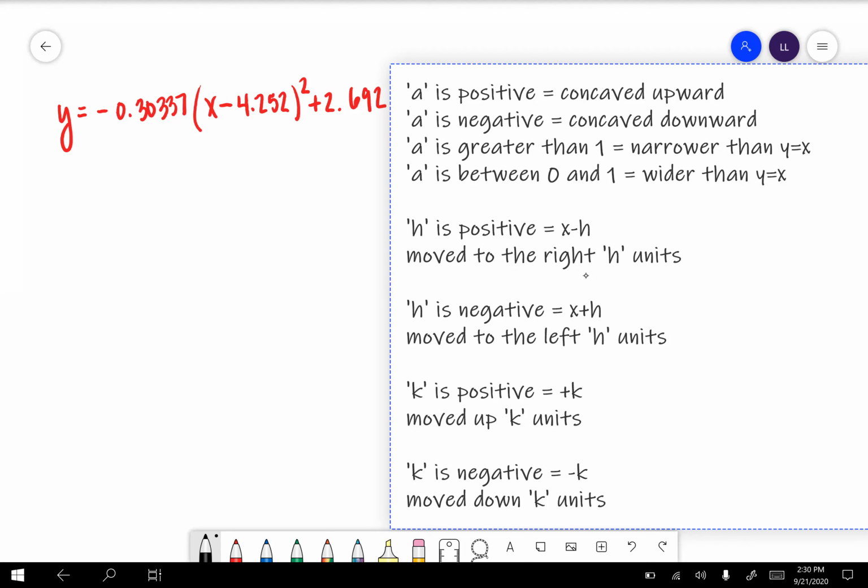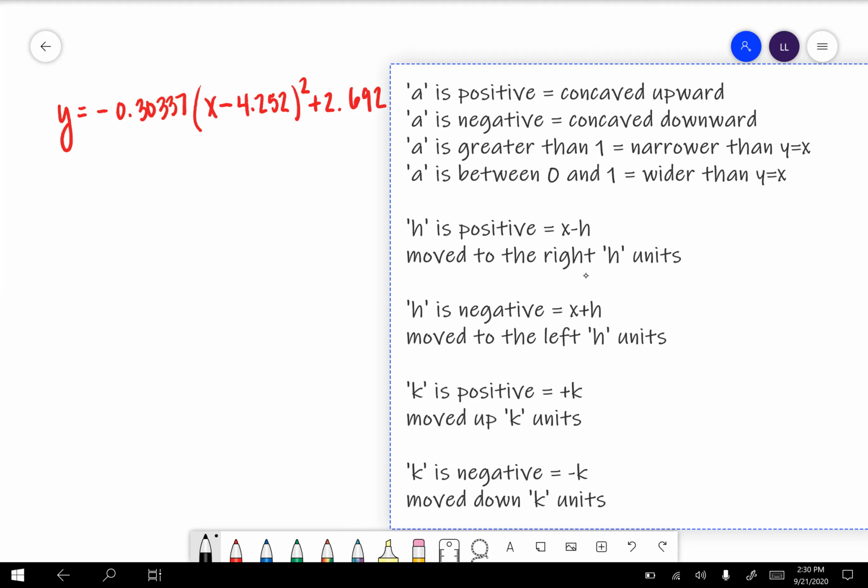And so our equation again is y equals negative 0.30337 times x minus 4.252 quantity squared plus 2.692. All right, so let's look at the parts.